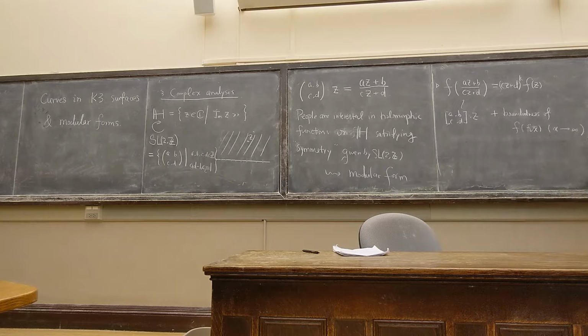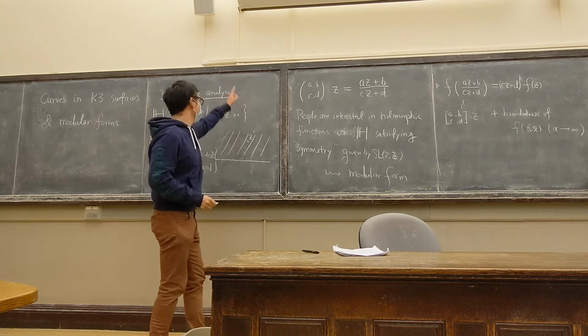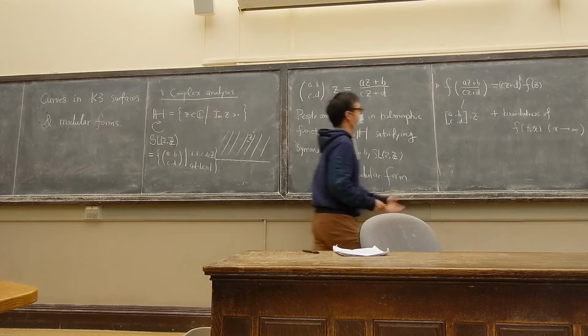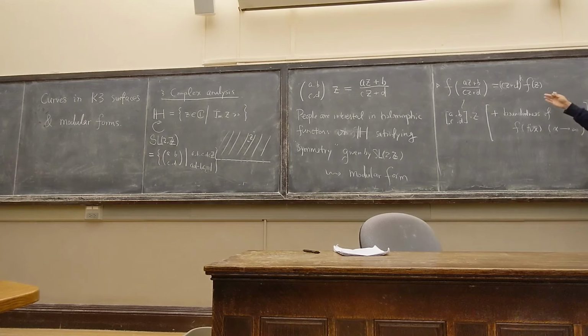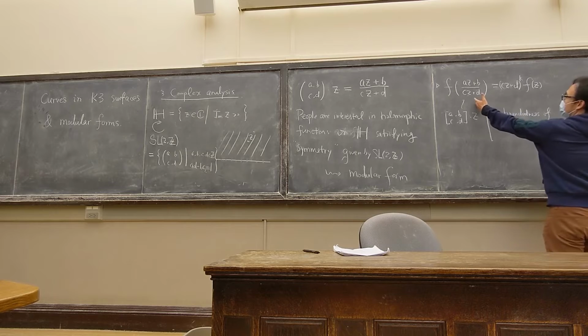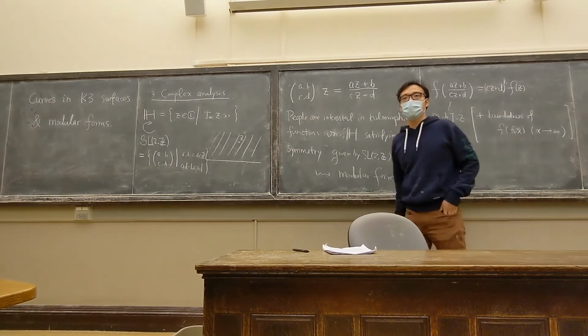So particularly when the complex number goes in this direction, you force your function to be bounded. Okay, so this is just a technical condition. Roughly, you can think of your functions as those which in some sense are invariant under this SL2Z action.